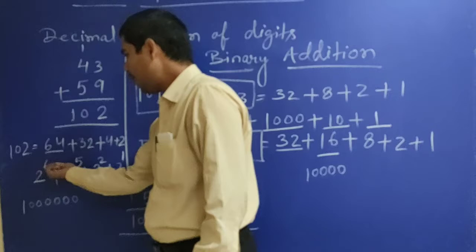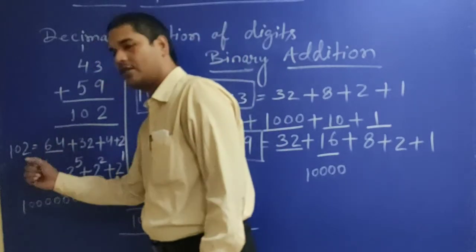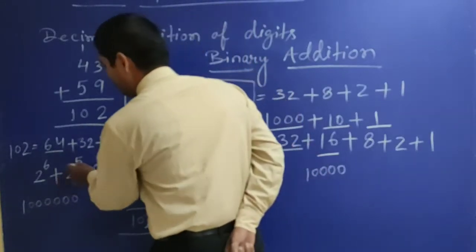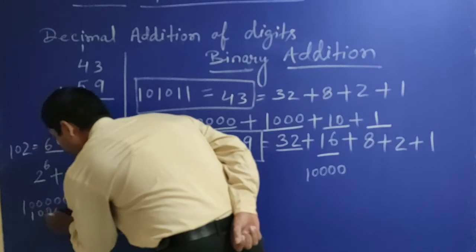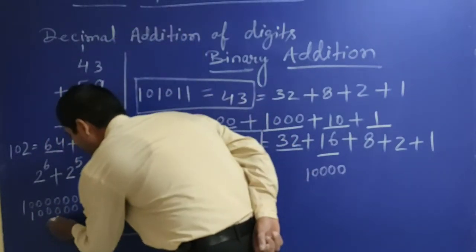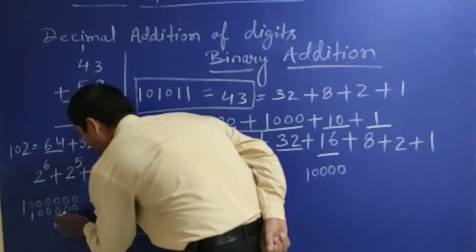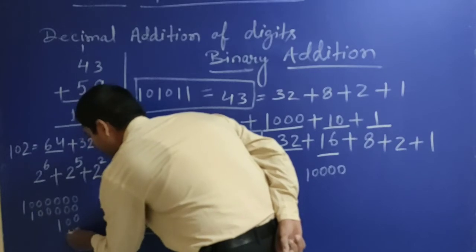Base is 2 and power is 6, so we put 6 zeros. 2 to the power 5 means we put 5 zeros, 2 to the power 2 means 2 zeros, and 2 to the power 1 means 1 zero.